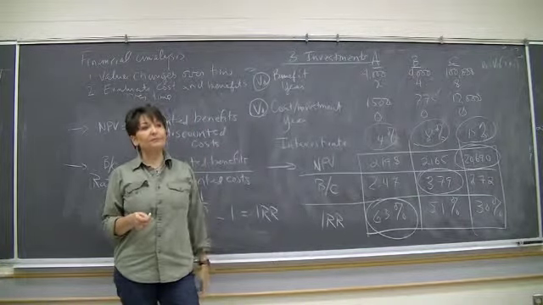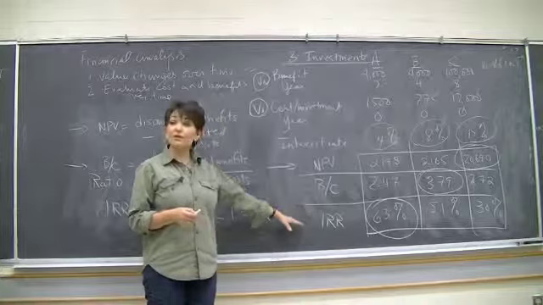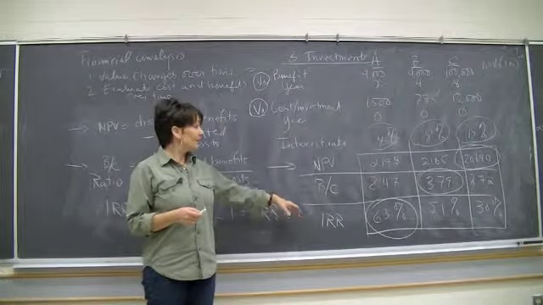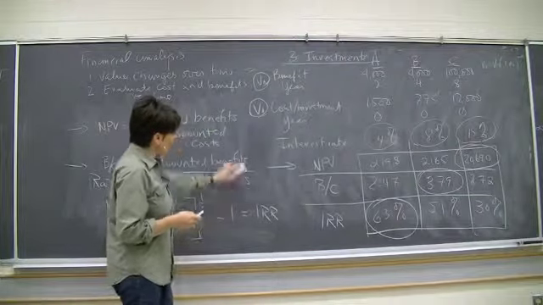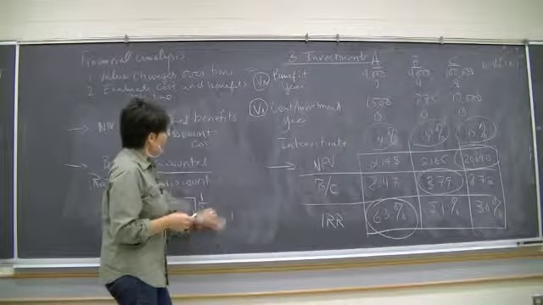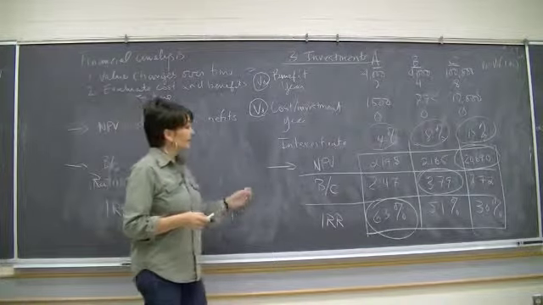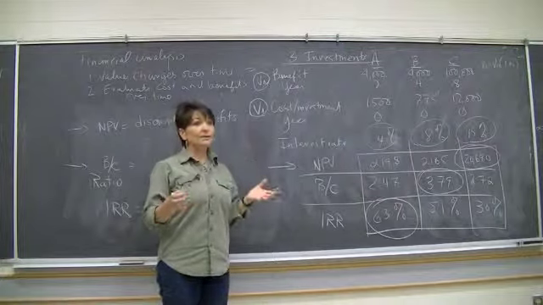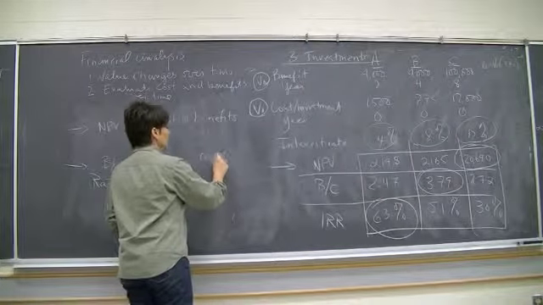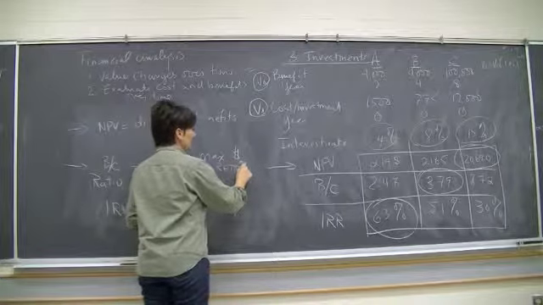Why would that be? What am I maximizing? We're maximizing a different thing with each of these investment criteria. Why would I choose NPV? What am I maximizing? Yeah, you're maximizing your return.